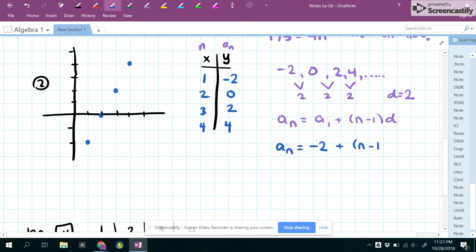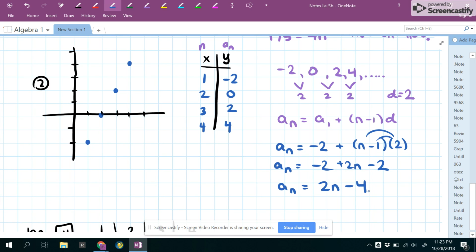N minus 1 stays n minus 1, and in this case, d is 2. Distribute properly, and we get that a sub n equals 2n minus 4. And we could, of course, use that equation to find some other numbers in the list if we needed to.